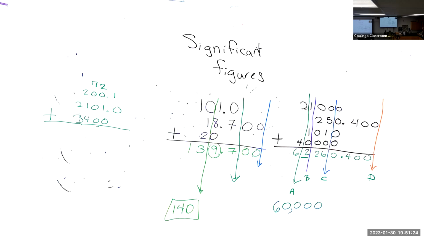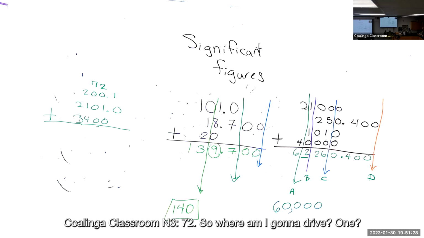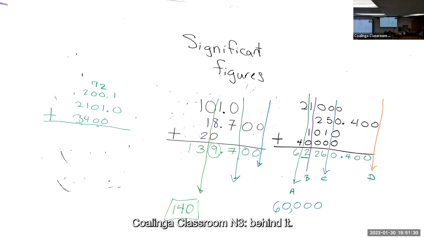Let's start with 72. Where am I going to draw the line? Behind the 2.